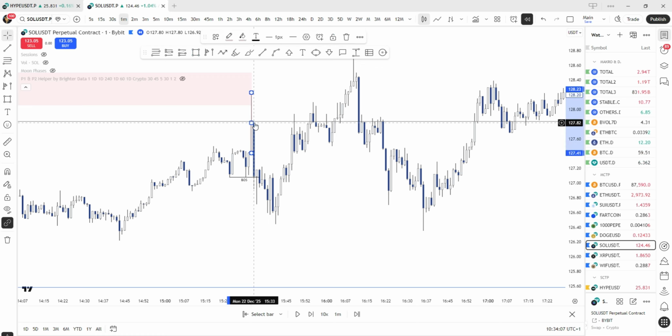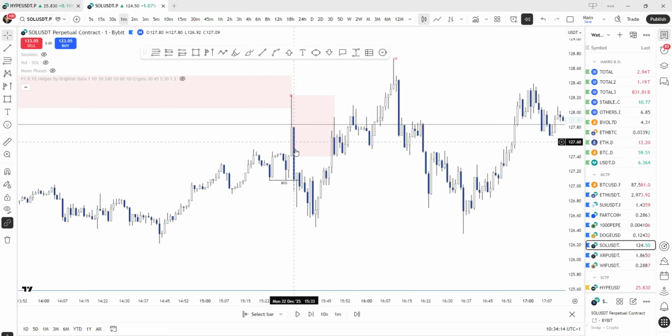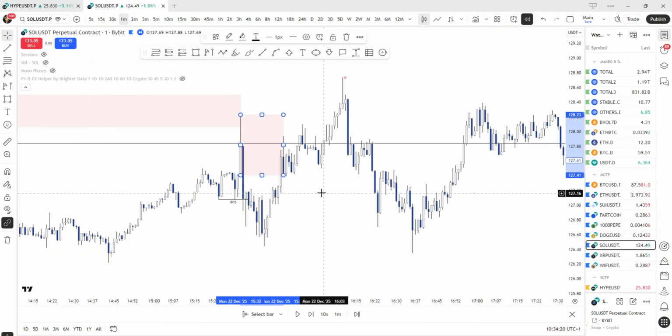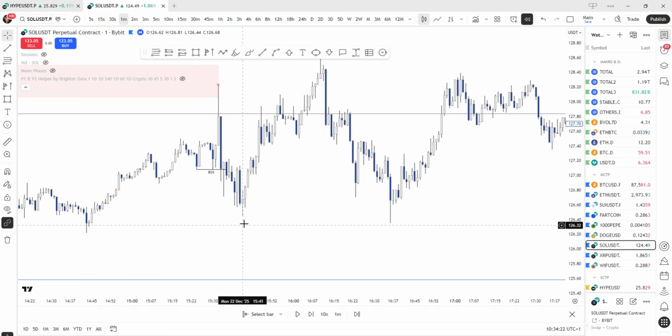I like to enter on a little retest, and after seeing this candle going inside of this order block, I wasn't interested in trading the backtest. So I was waiting patiently again, and here we had our structure.